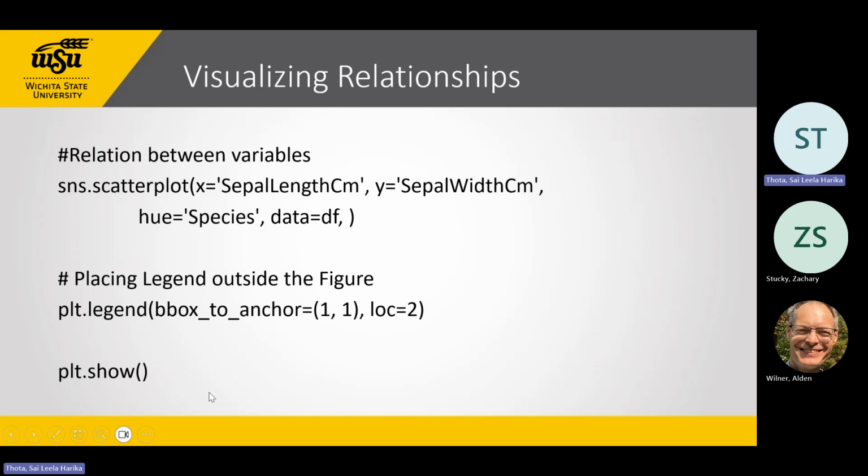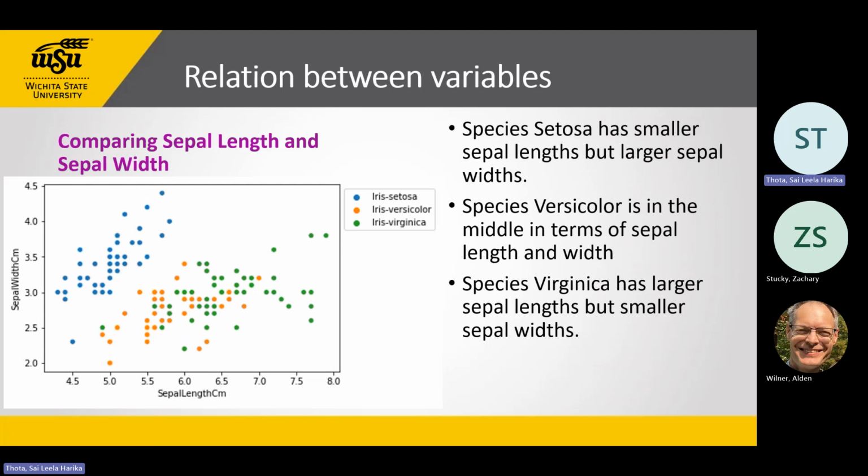And next, this is to get the legend box. I will explain what the legend box is. If you see this box, this is what a legend box means. It places the box outside of the graph while comparing sepal length and sepal width. If you observe this plot, the blue one, the orange and the green.